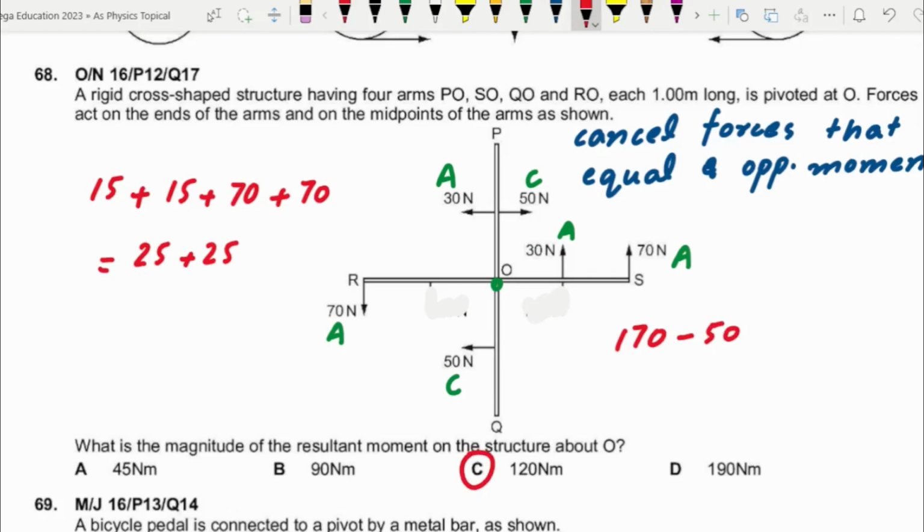So the answer for 68 would be C. Now the thing is, this question can be done by an even simpler method as well. You can combine the forces, you can apply the formula of couple if you have equal and opposite forces, but at this stage I just wanted to break it down so you can understand it clearly.